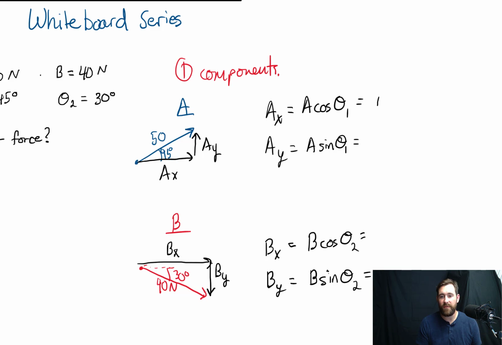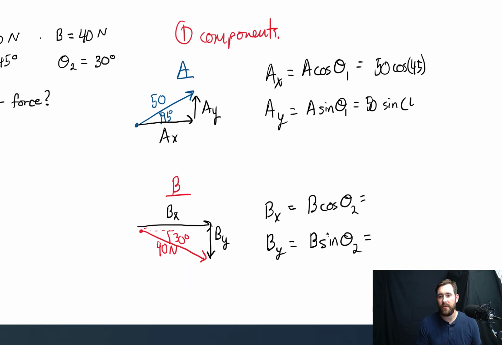So I'm going to use 50 cosine of 45. And here I'm going to use 50 sine of 45. On the bottom here with B, I'm going to do 40, and I'm going to use my other angle measure of 30. So I'm going to use 40 cosine of 30, and 40 sine of 30.